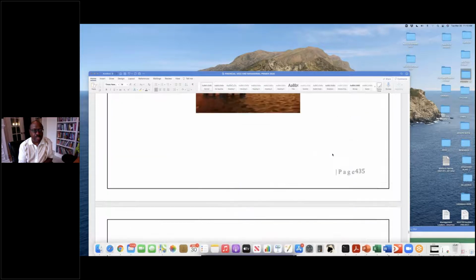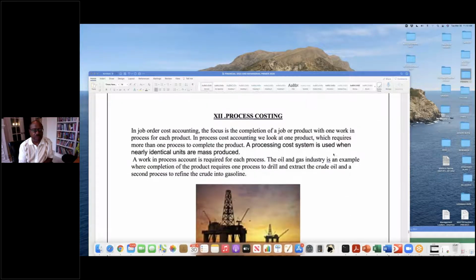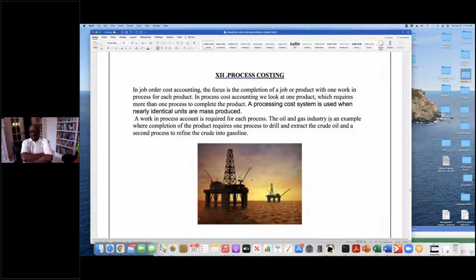So now we're ready to go to process cost accounting. We will simply work on process cost accounting today. I think there are students who were assigned in-class problems, so we'll work that today. And then you'll have a homework problem that's already assigned on that spreadsheet, and that will be due Tuesday also.